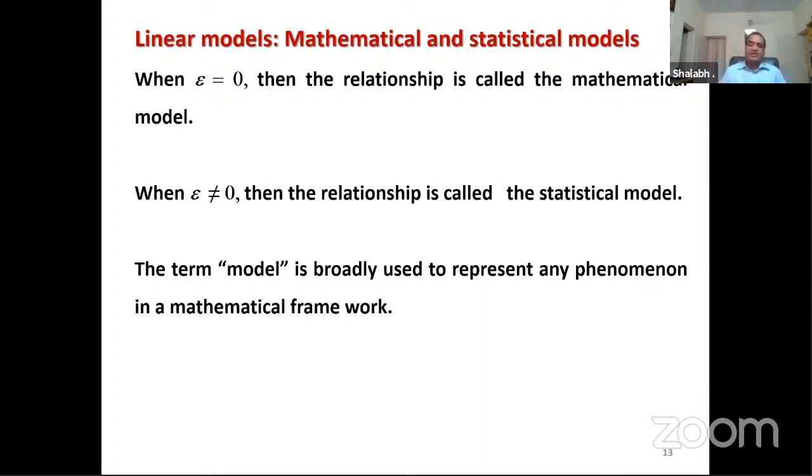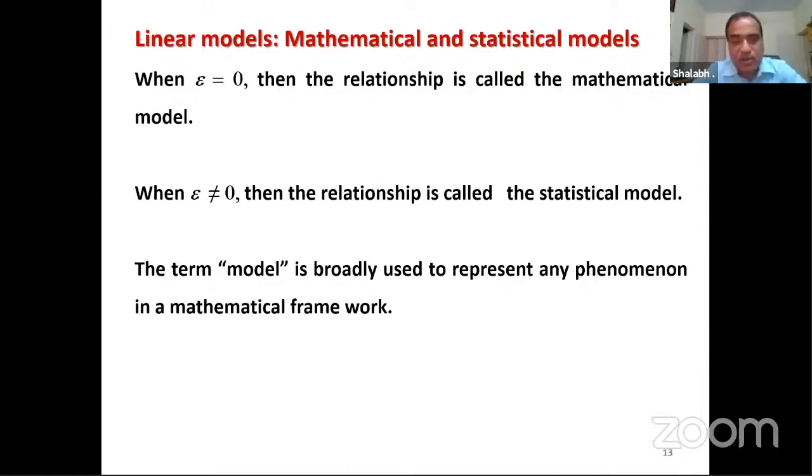Because in statistics, whenever we deal with a model, we always take care of the random error component. When there is no randomness, mathematics comes into the picture, and we get a mathematical model, right?